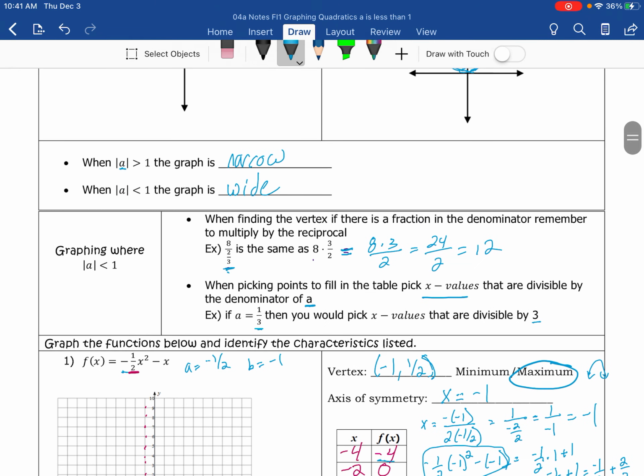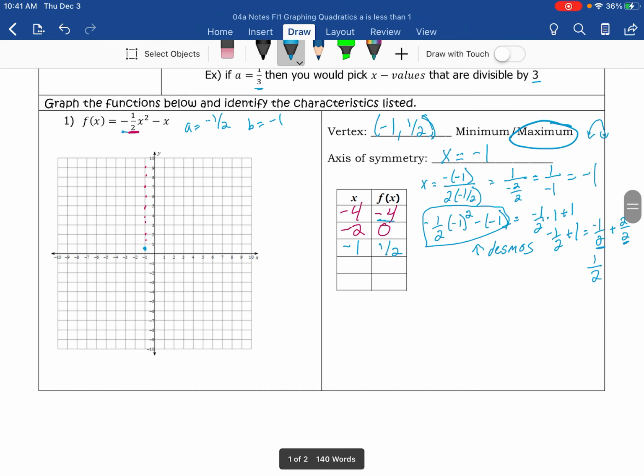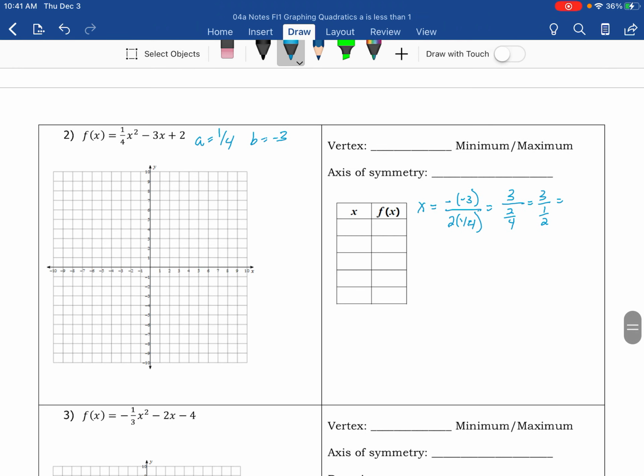I gave you that hint at the very top of the page that when you divide by a fraction, you multiply by the reciprocal. So I can flip it and make it into multiplication. This is going to be 3 times 2 over 1, which is 6. And again, you can always put this into Desmos.